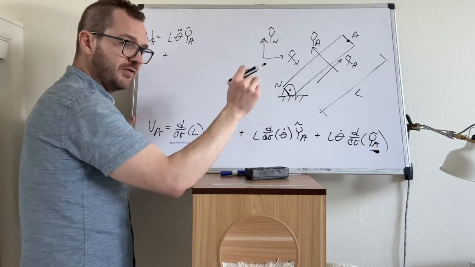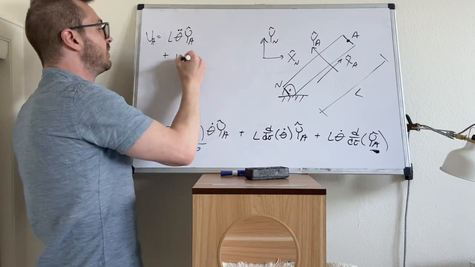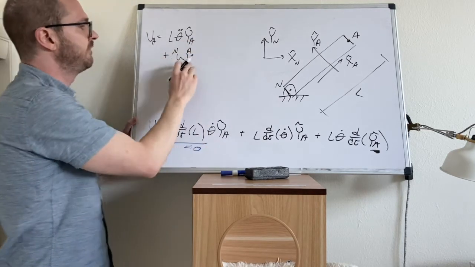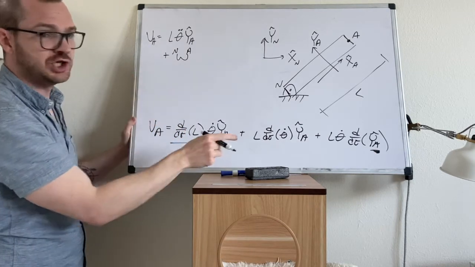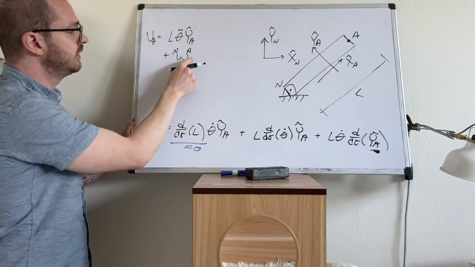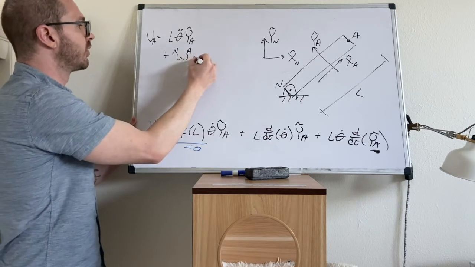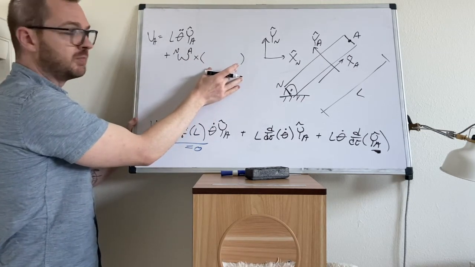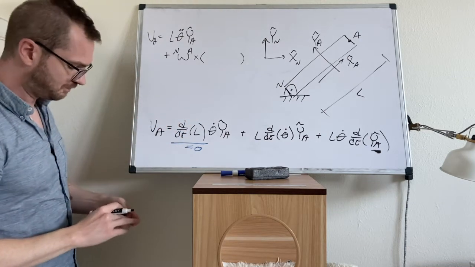We're taking the derivative of frame A. So this is plus omega N to A. If that was frame J, it would be omega N to J. We're going to do a cross product, and then we have to put something inside of this cross product.